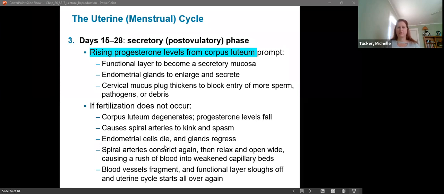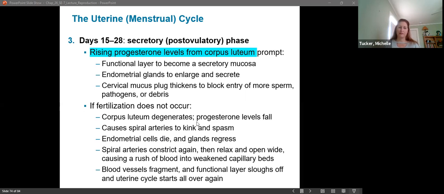So the endometrial cells die. Then the spiral arteries constrict again, which weakens them. Blood rushes in, fragmenting them, and that's what causes the increase of blood flow during menstruation.